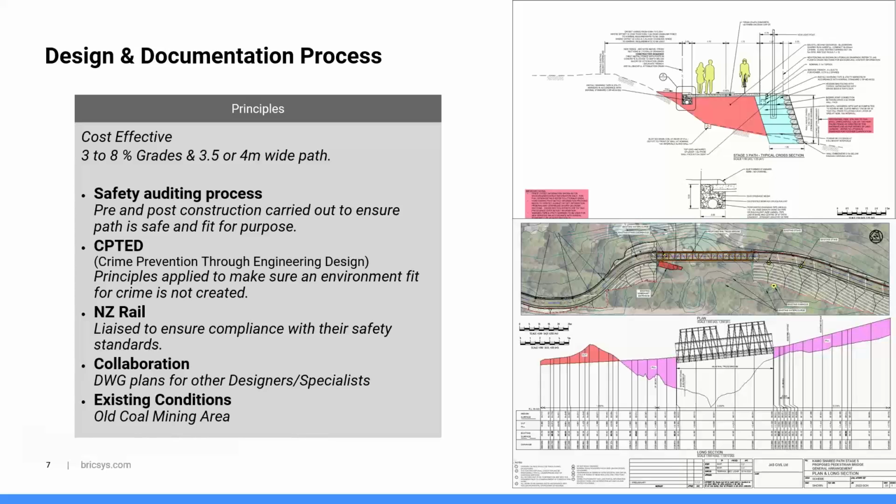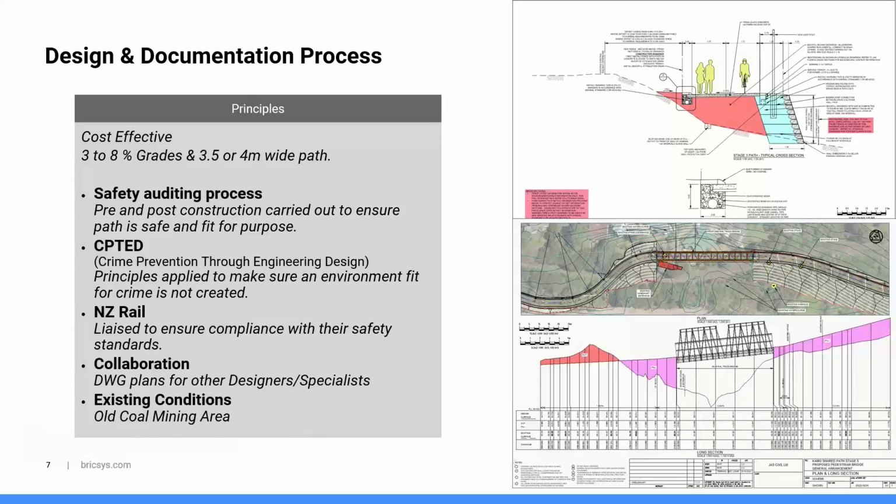Another thing to mention is that stage 5 actually goes through an old coal mining area. So there are some fairly complex ground conditions that our design needs to allow for.